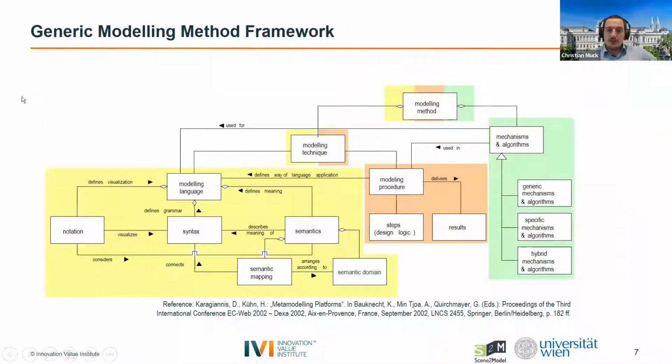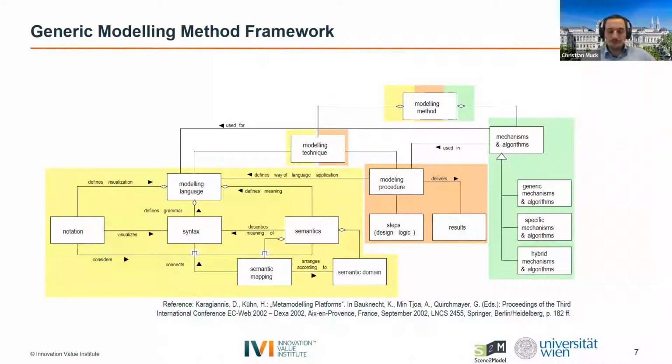And of course, according to the framework that we use in our research group to describe and create modeling methods, it's not only sufficient that you have a modeling language, which guides the concepts that you can use, how they look like and what they mean, but you also should guide the user to create useful models so that they get the most out of the created models, which includes a modeling procedure, so a way to create these models, and also a way of processing the information within the models or help in an automated way.